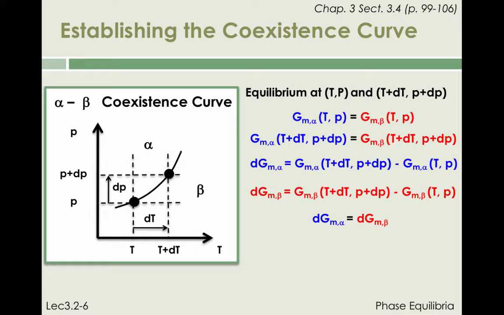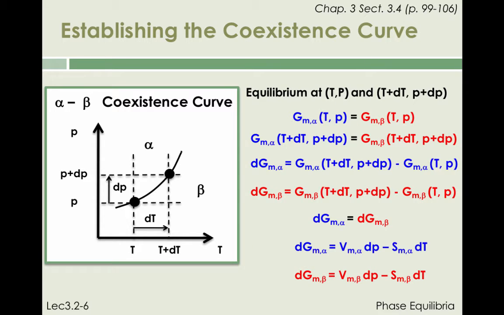Applying this equation to the alpha and the beta phases yields dGm alpha equals Vm alpha dP minus Sm alpha dT, and dGm beta equals Vm beta dP minus Sm beta dT. Note that different phases of a given substance generally have different molar volumes, different molar entropies, and different molar enthalpies.